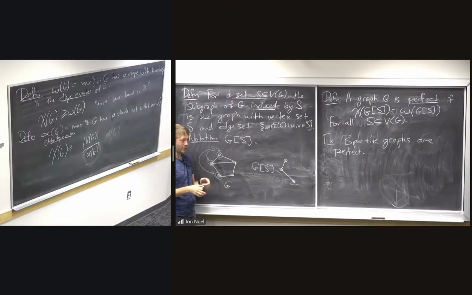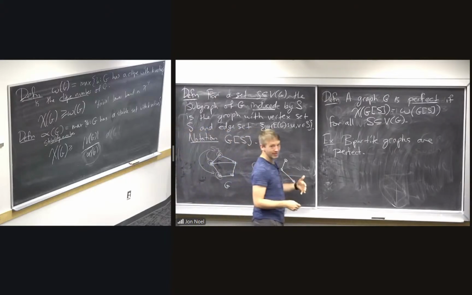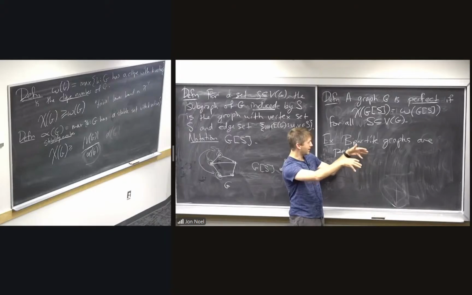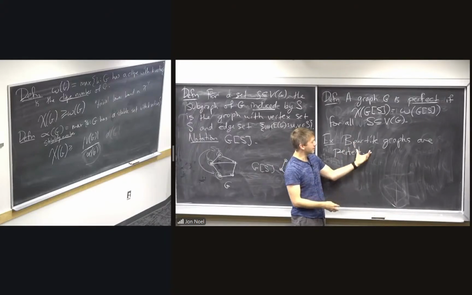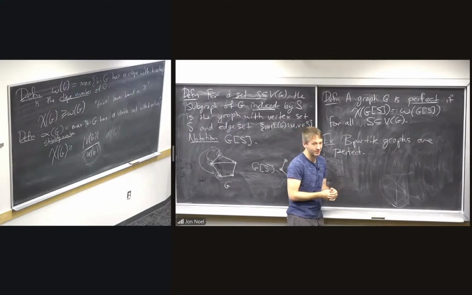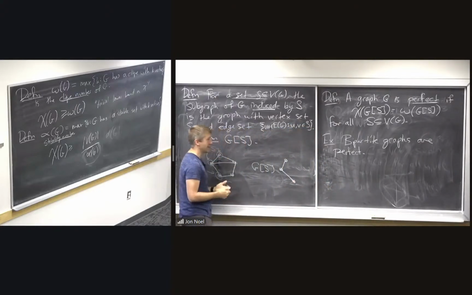And the chromatic number is 2. The clique number, well, bipartite graphs are slightly annoying because if it has no edges, the chromatic number is 1 and the clique number is 1. If it has some edges, then it's 2 and 2. But either way, chromatic number equals clique number. Induced subgraphs of bipartite graphs inherit this property. They're still bipartite. So that's one example.